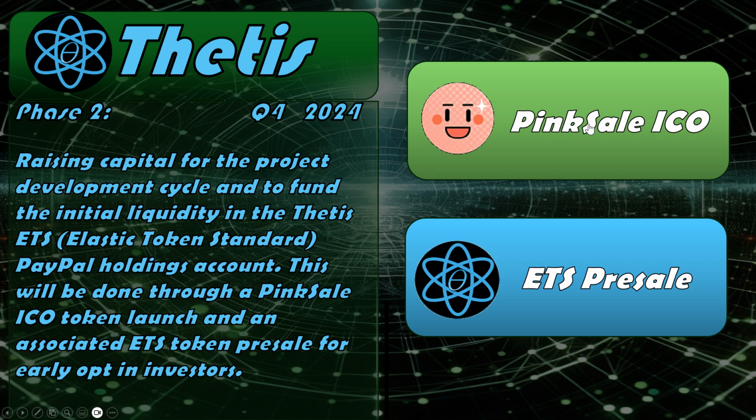So when you buy these Pinksale tokens, the plan is that we will create another blockchain account on the block matrix that's associated with these ICO tokens, and then those tokens that you buy will in the future be directly tradable for ETS tokens or other tokens on the block matrix network.